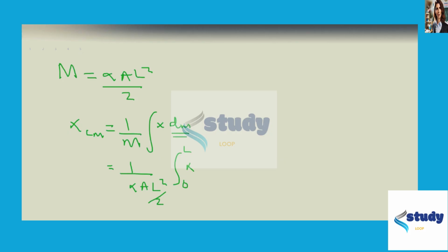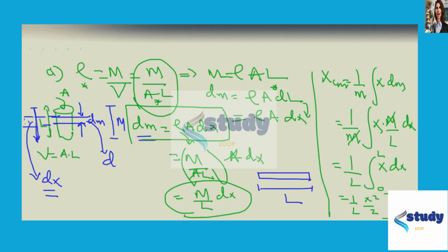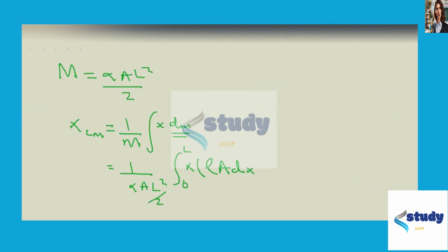Instead of this dm, we have x times rho A dx. If you go back, you see rho A dx. This one is dm. So we're doing the appropriate replacements, and then we end up having, we flip it, 2 over alpha A L squared, integral from 0 to L, rho A x dx.